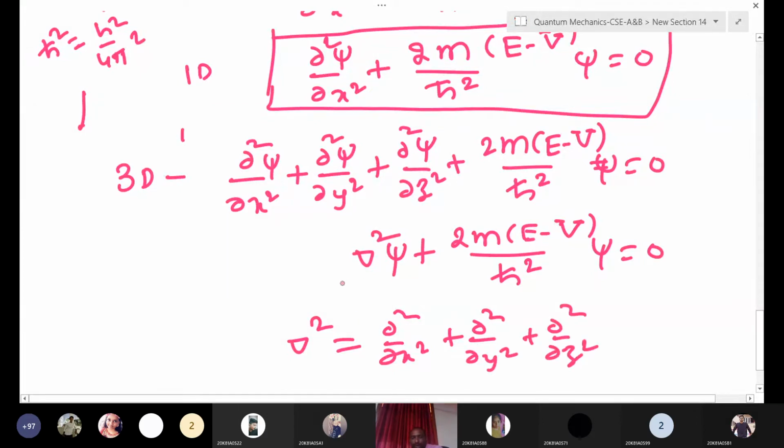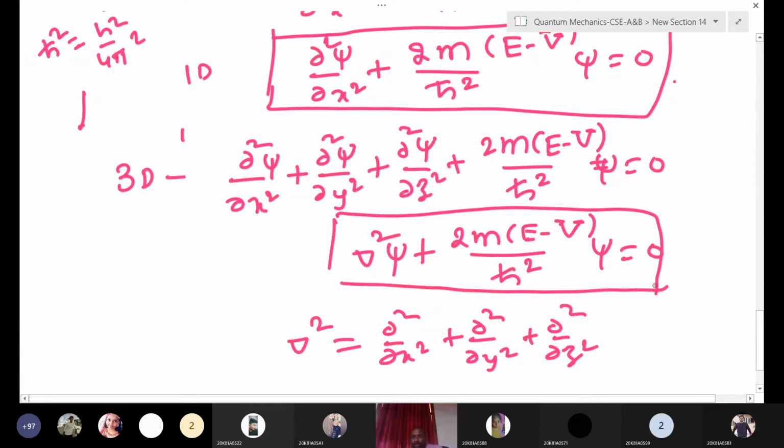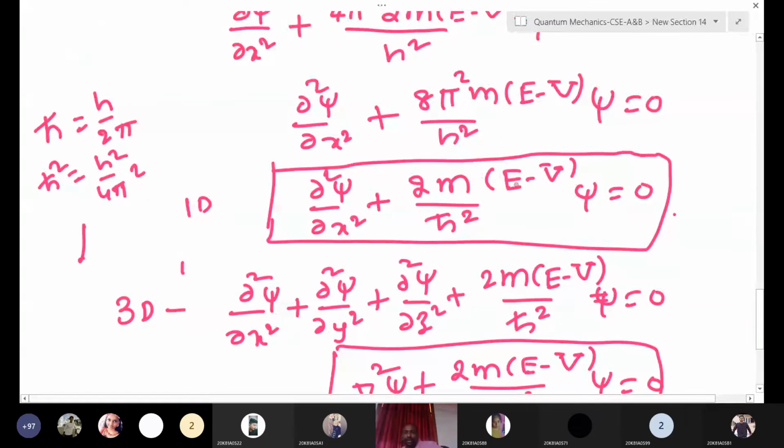This is the del operator. This is the time independent Schrodinger equation. It depends on energy and potential, and only on position. There is no time.